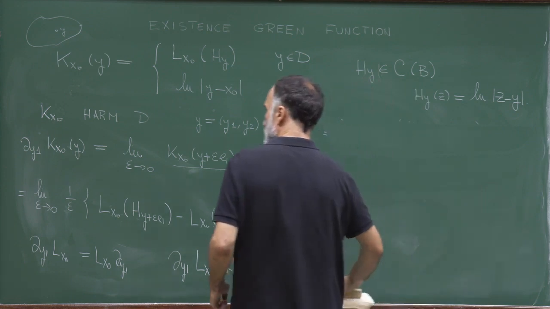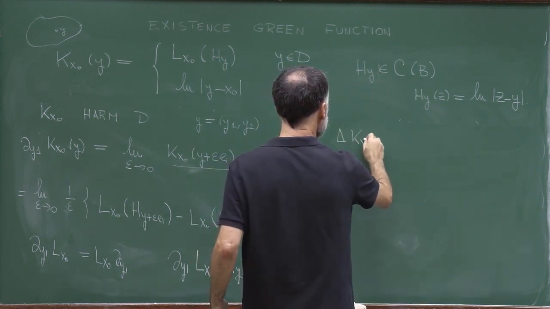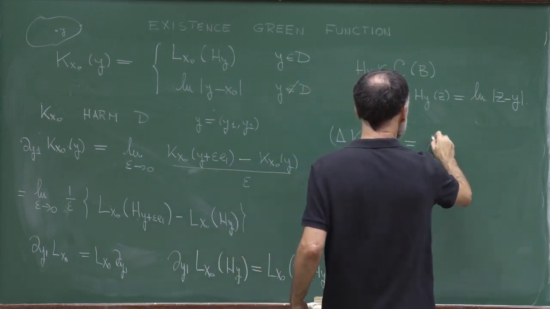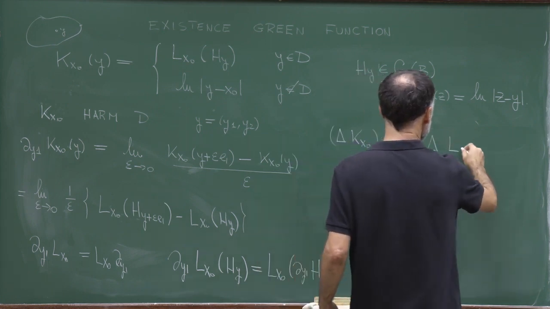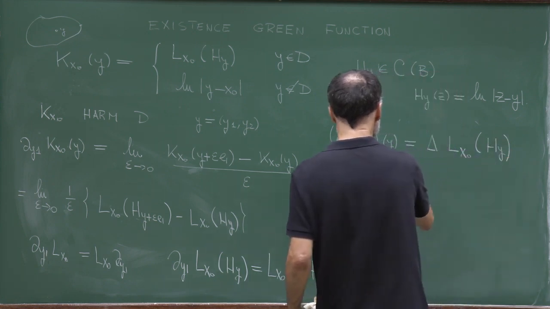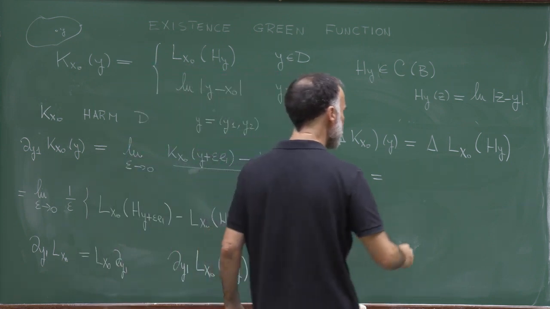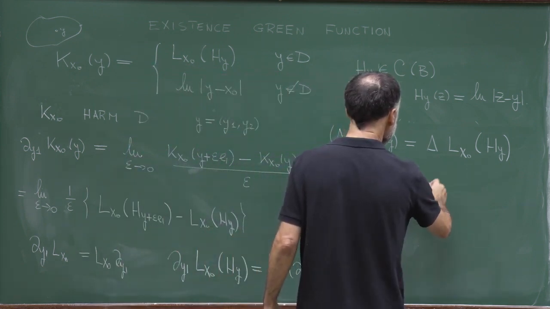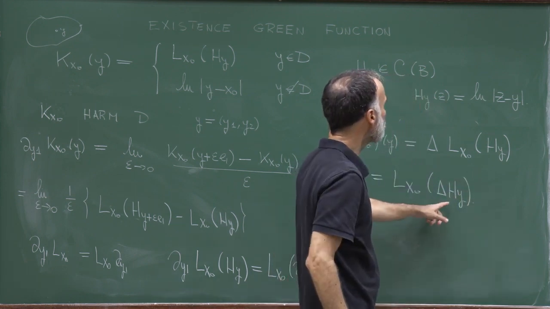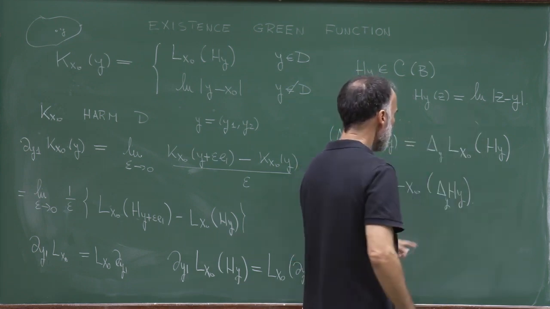And once you prove that, what you get is that the Laplacian of kx0 at y is the Laplacian of Lx0 of hy, but you can commute the derivatives with the bounded linear functional Lx0. So this is equal to Lx0 of the Laplacian of hy, and this Laplacian is taken with respect to y.